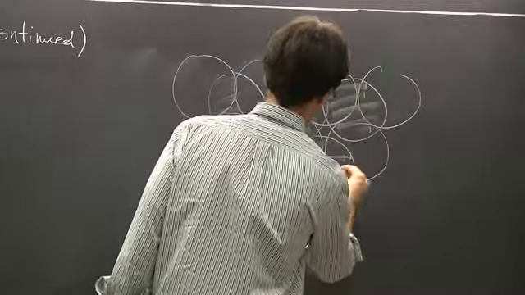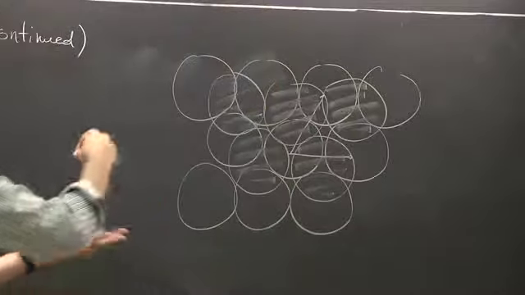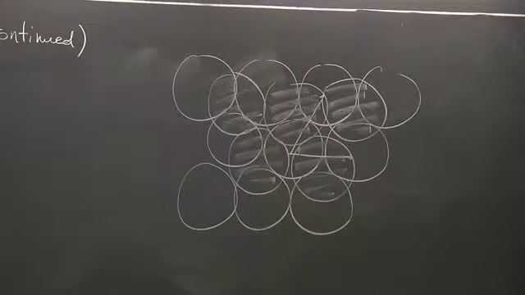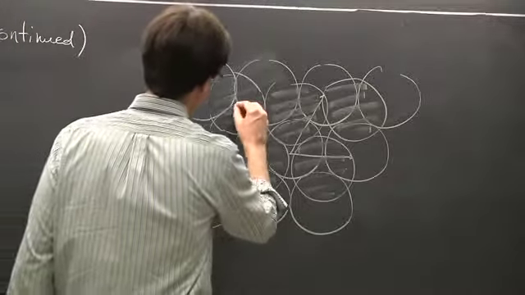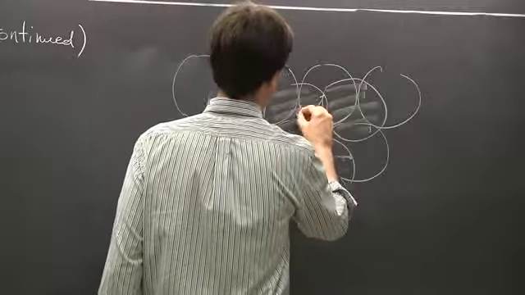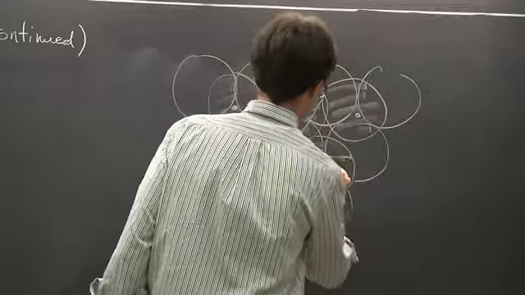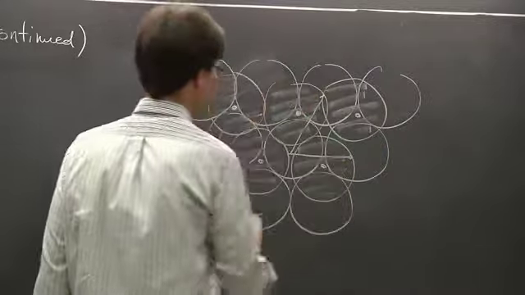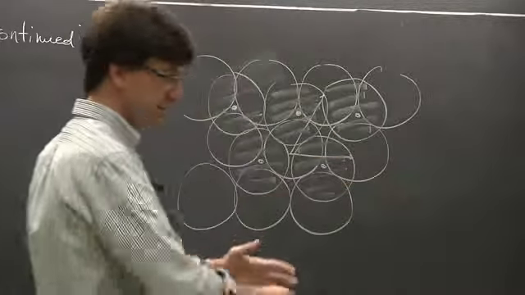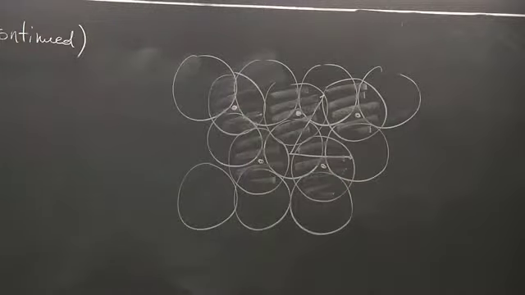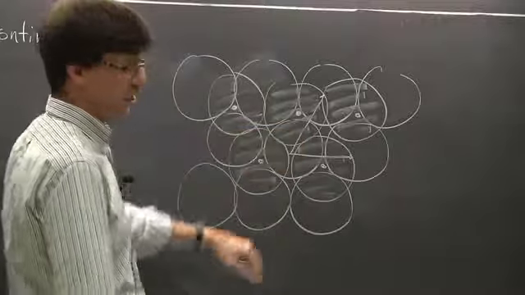And I can build a second layer of triangular balls that lies perfectly on top of the first one. Let me actually highlight the centers here, because the centers of these balls, as you clearly see, are going to be filling the hollows, the dips in the corrugation of the first layer.